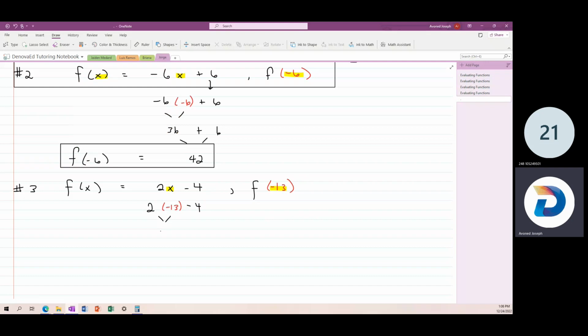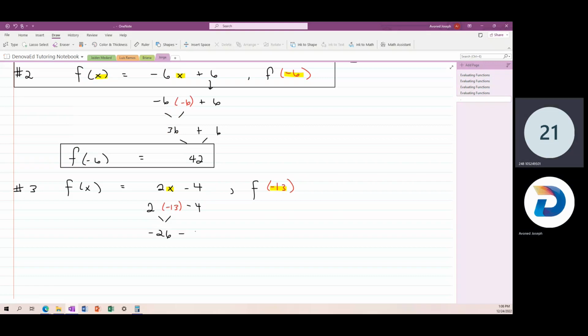13 times 2 is what? 2 times 13. 26. Yeah, 26. So negative 26 minus what?